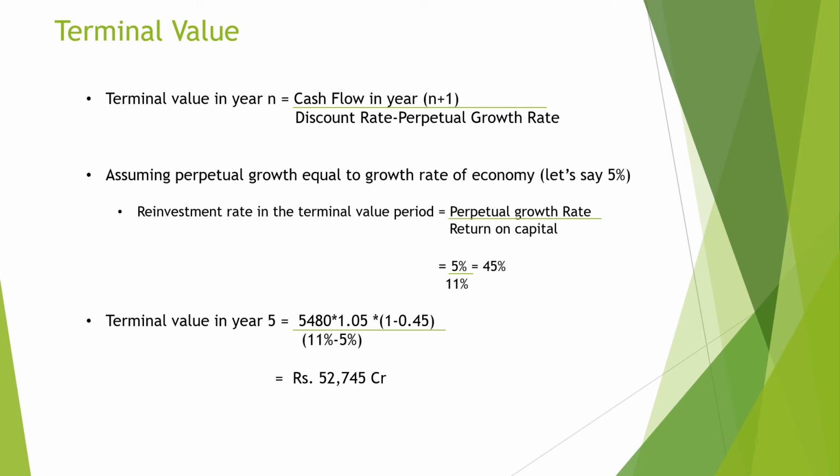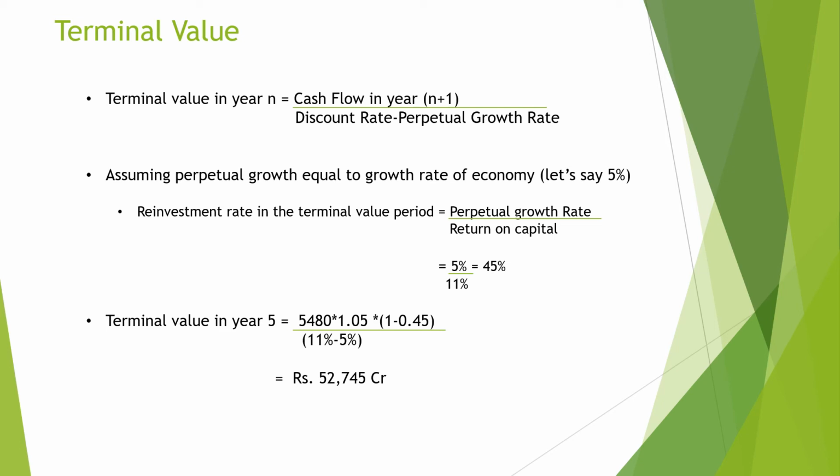The discount rate is nothing but the cost of capital, which we have just discussed, that is 11%. Now to arrive at the perpetual growth rate, in the terminal period we assume that no company can go on growing forever at a higher pace, at the pace at which we were evaluating the forecasted cash flow.